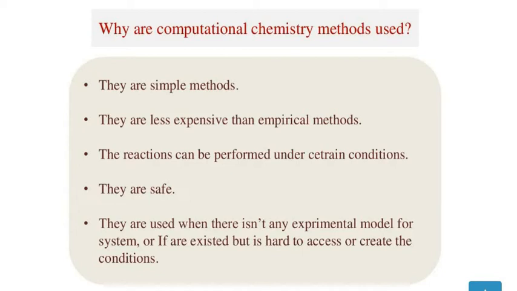What does it mean? If somebody told you to synthesize cis or trans compounds, then how do you synthesize these two compounds? Definitely you will go through the literature survey. You will take the experimental methods, write them down in your notebook, then you will perform the experiment in the laboratory.